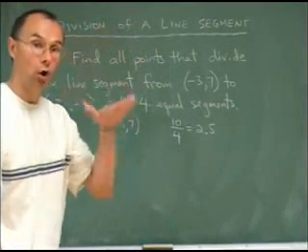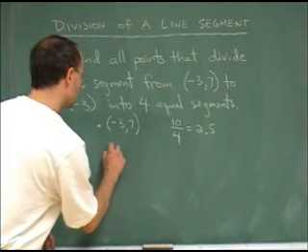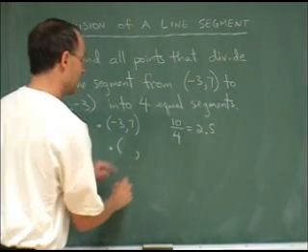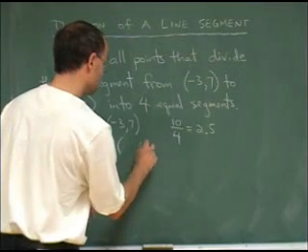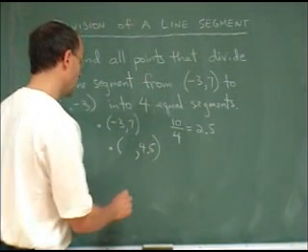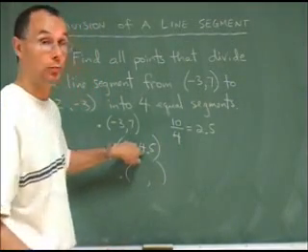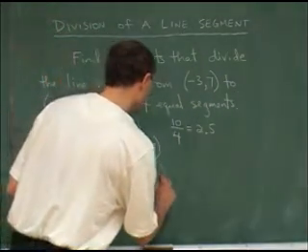So instead of dropping a whole number, you're dropping by 2.5. So the next point is going to be at a y value of 4.5. What I've done is 7 minus 2.5. The next point is going to be at 4.5 minus 2.5, which is 2.